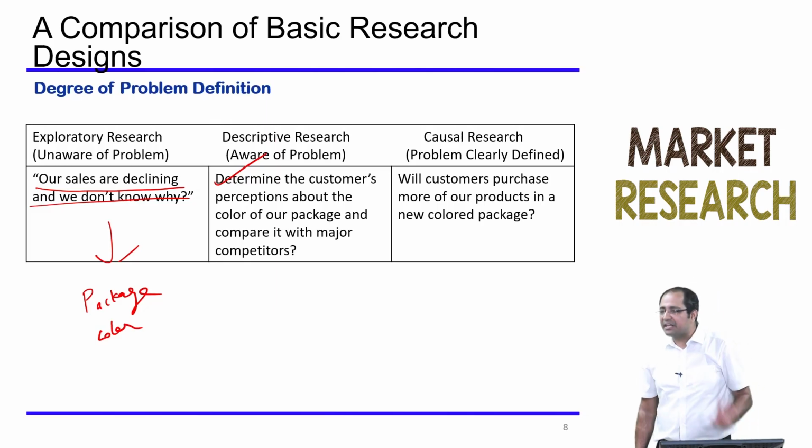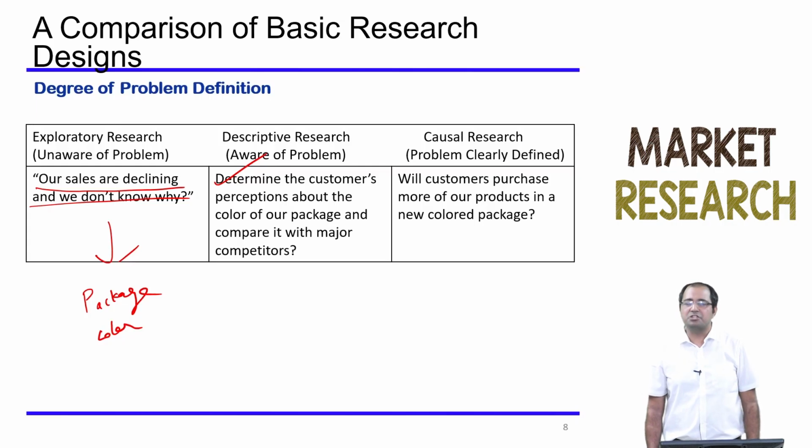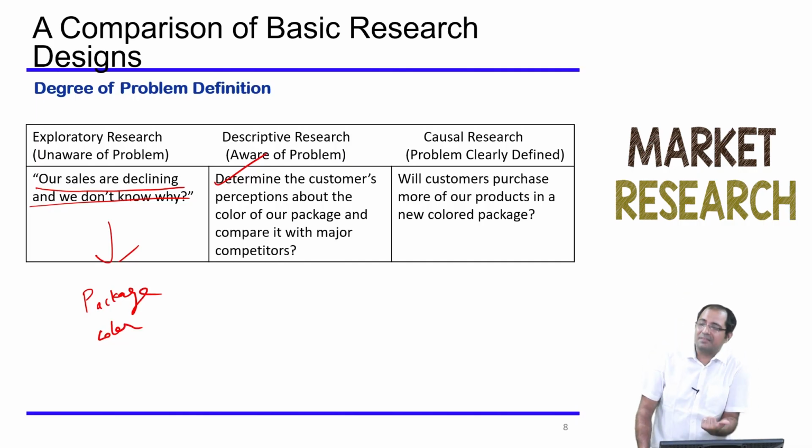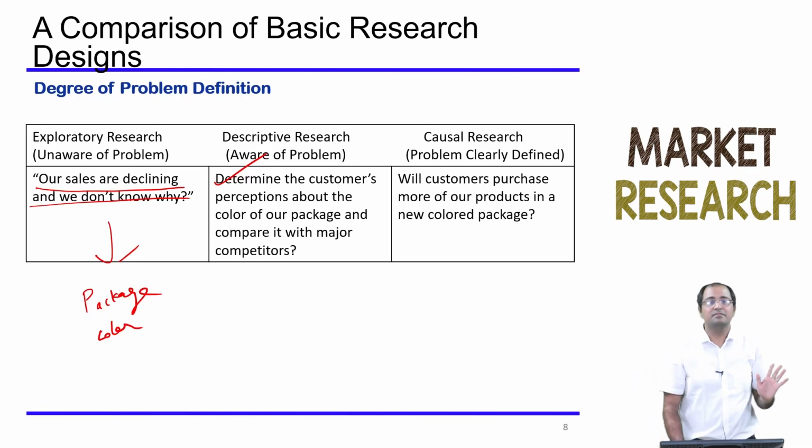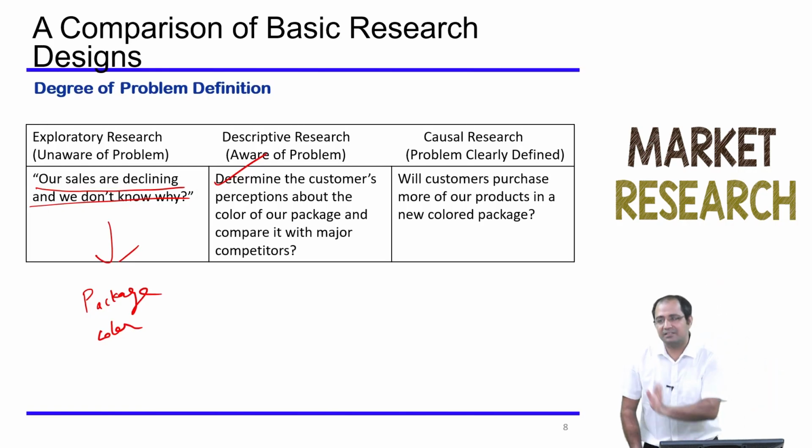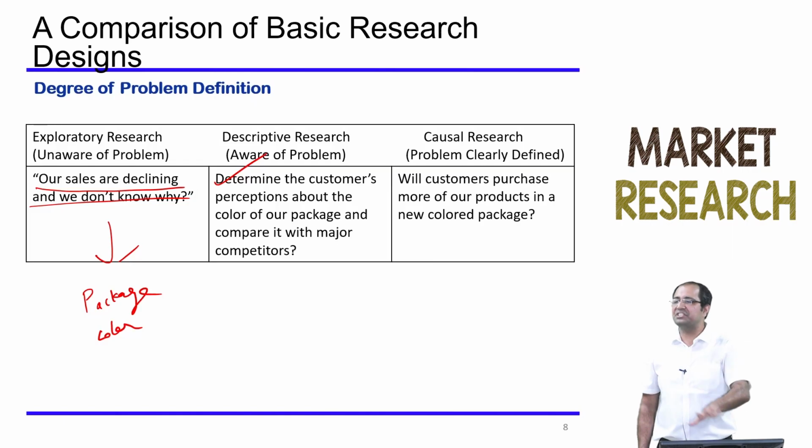You would get an answer here that the appeal of the color of our package is lower than the color of the competitors' packages. You will get this answer from descriptive research if you do it right.